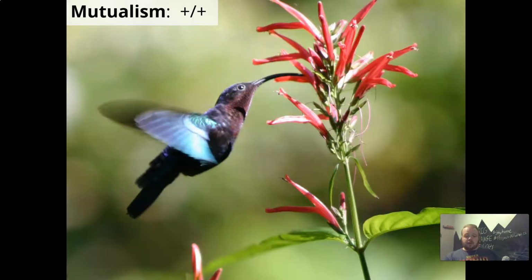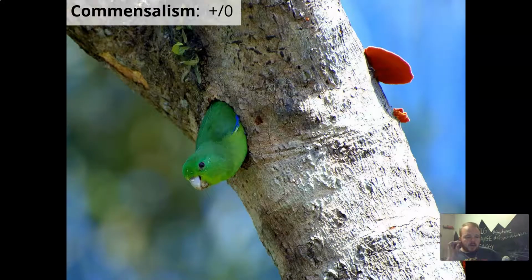And by the way, we see that with all mutualisms. Commensalism. These are a little harder to find because there seems to be some benefit usually. But commensalism basically works like this. One benefits, the other gets nothing. Like in this case, this parrot here, the parrot lives in the tree. The tree doesn't get harmed because there's a parrot, because there's a hole already there to begin with.